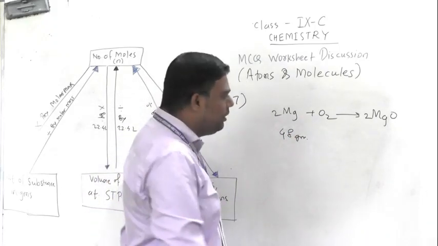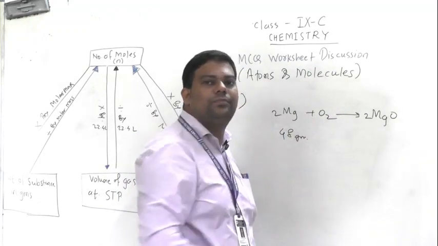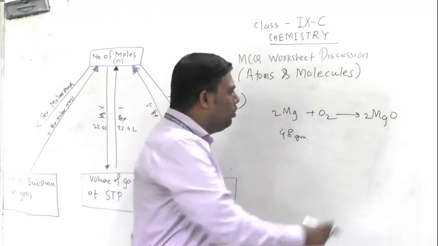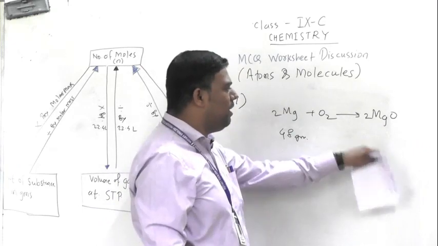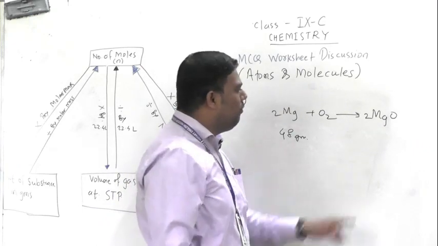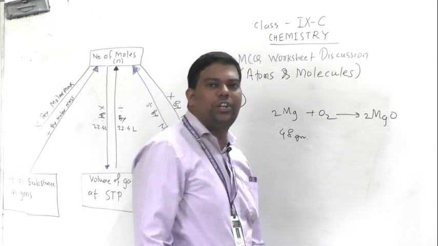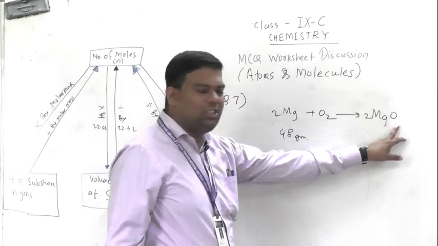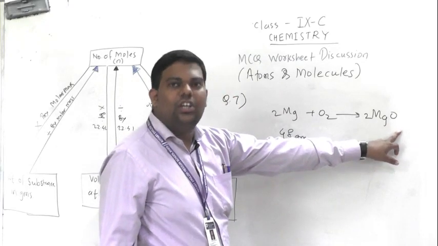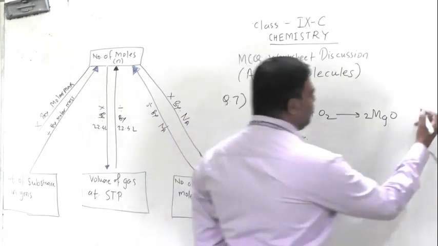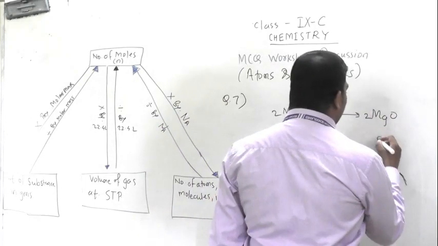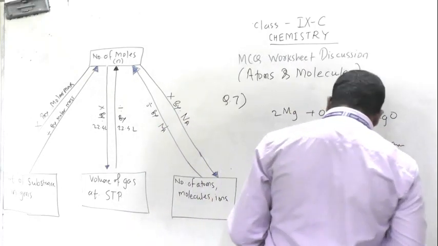Understood? Now 2 MgO. So 48 plus 32, because each oxygen atomic mass is 16. So how much will you get? You will get 80 gram here.